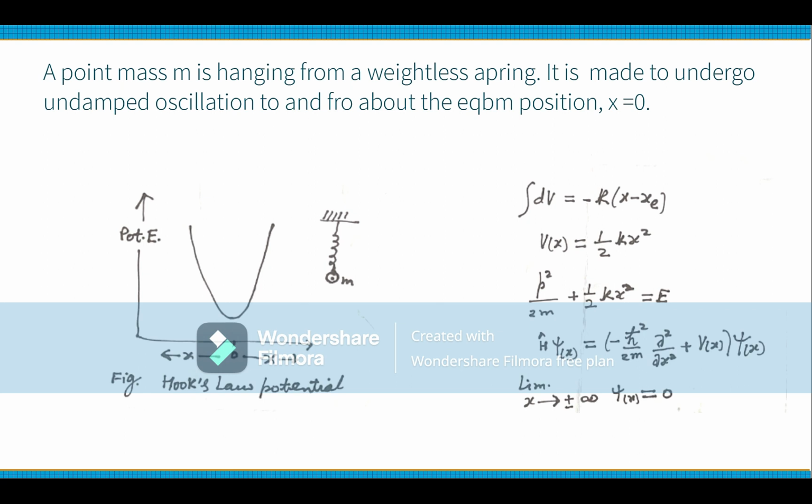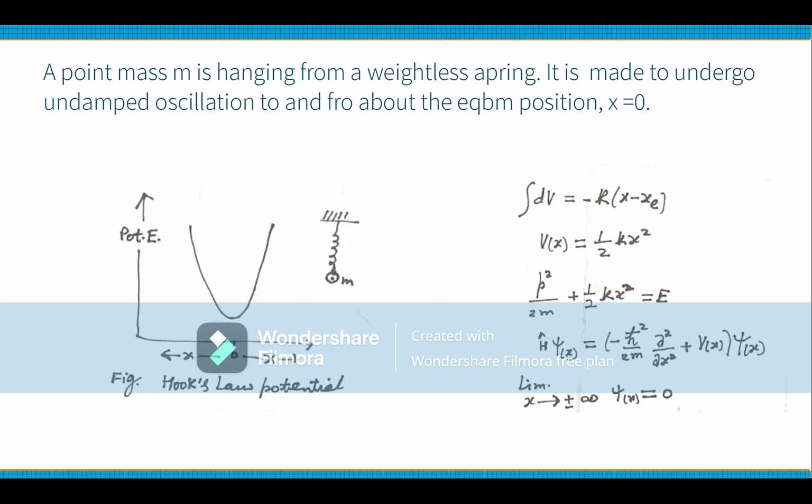We must have studied kinetic energy is given by p square by 2m, where p is linear momentum, and the value of potential energy we have just derived, half kx square. So total energy is the sum of these two terms.